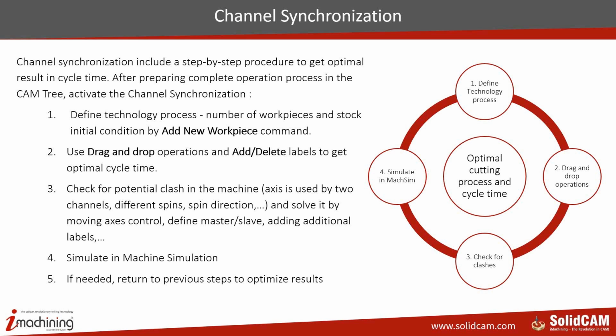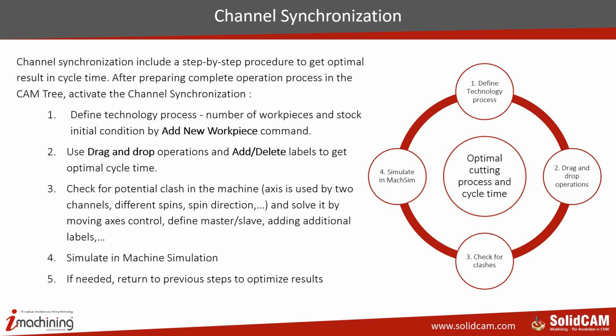The user will actually say, this is the way my part needs to be machined. So there is no software that can do this automatically. What the software can do is calculate the minimum cycle time, but for the user, sometimes the minimal cycle time is not good. So the optimal cutting conditions are also very important.